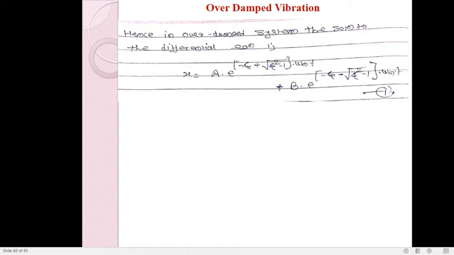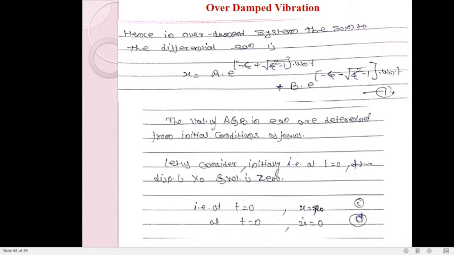If you remember, in the previous lecture we had the solution for the damped system as x equals a into e to the power s1 t plus b into e to the power s2 t. In that equation we have put the values of s1 and s2, and we could write the equation for x like this. Let us call this equation number 1.